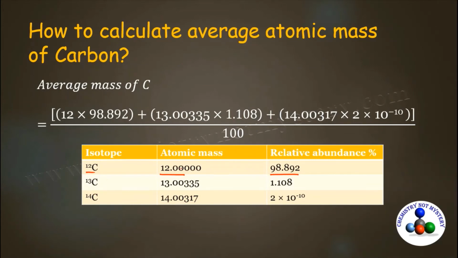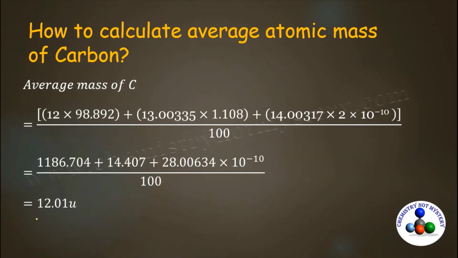For carbon 13, atomic mass is given as 13.00335 multiplied by its percentage abundance, that is 1.108, plus atomic mass of carbon 14, that is 14.00317. Here I have placed its value, multiplied by its percentage abundance, that is equal to 2 into 10 raised to minus 10. After calculating it, you will get 12.01 U and it is the average atomic mass of carbon.